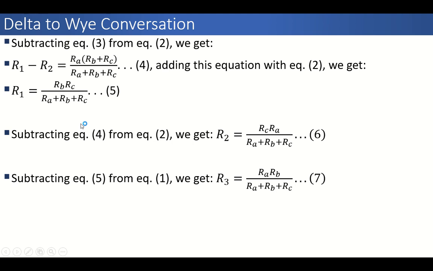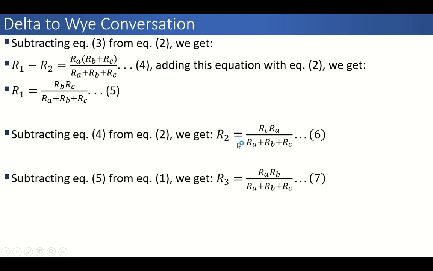So one more thing, you can see that in equations 5, 6 and 7, the denominator is RA plus RB plus RC. Numerator depends on the value of R1, R2, or R3. If we are computing R1, in the numerator the RA term will be vanished. Simply RB and RC are present.